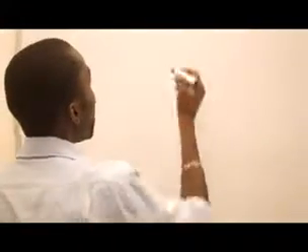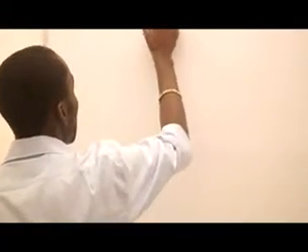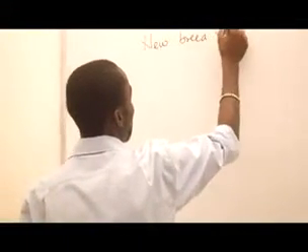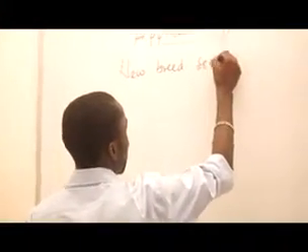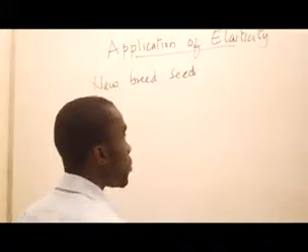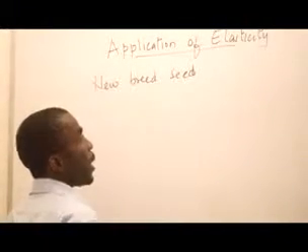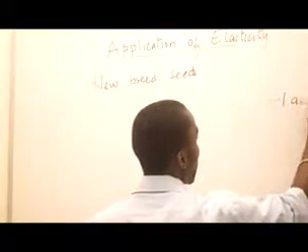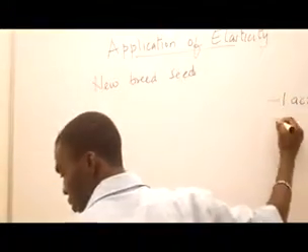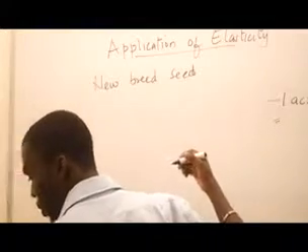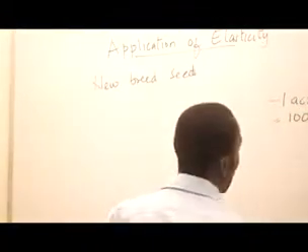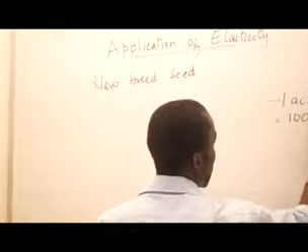Let's assume we have a situation where a new breed of seed has been given to the farmer. Initially, the farmer can use his 1 acre of land to produce, say, 100 bags of rice.